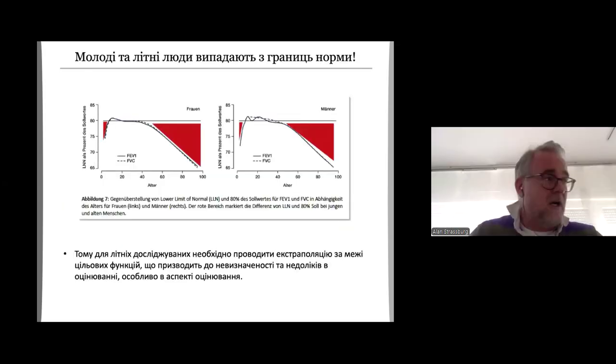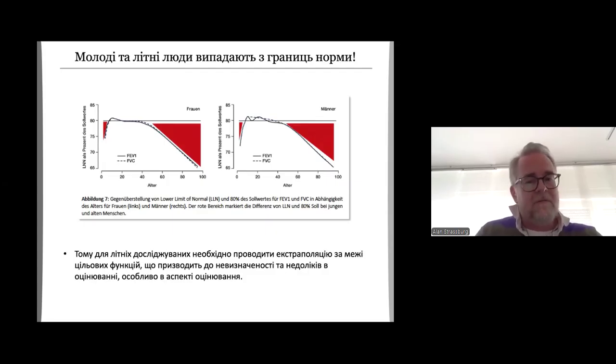So every time we've got a patient who is younger or older, or every time we do a measurement in women, we then need to calculate the reference values we are comparing to.